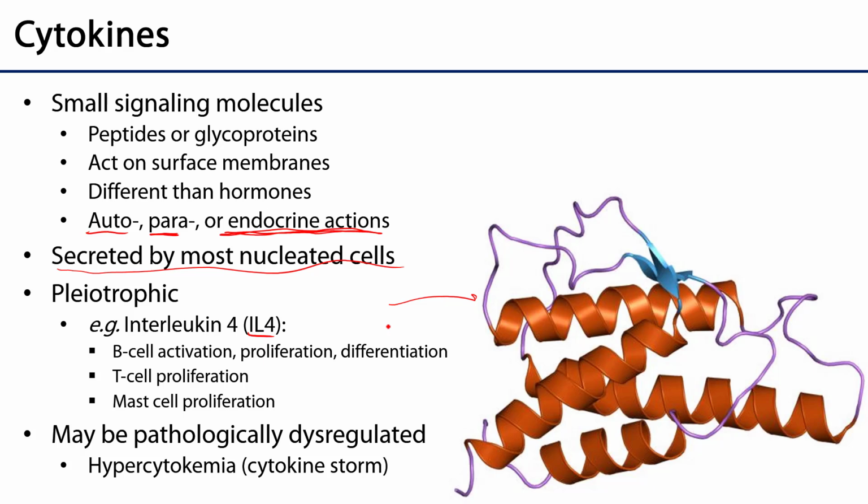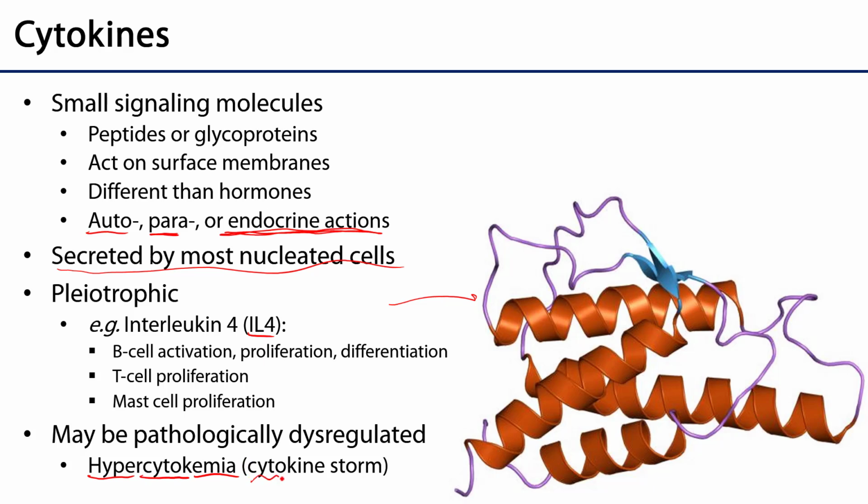It's interesting that cytokines may also be pathologically dysregulated, meaning that they can increase in numbers to the extent that they can become harmful to the body. This is a condition known as hypercytokemia. So hyper, too many, cytokine, and then emia, so too many cytokines in the blood.